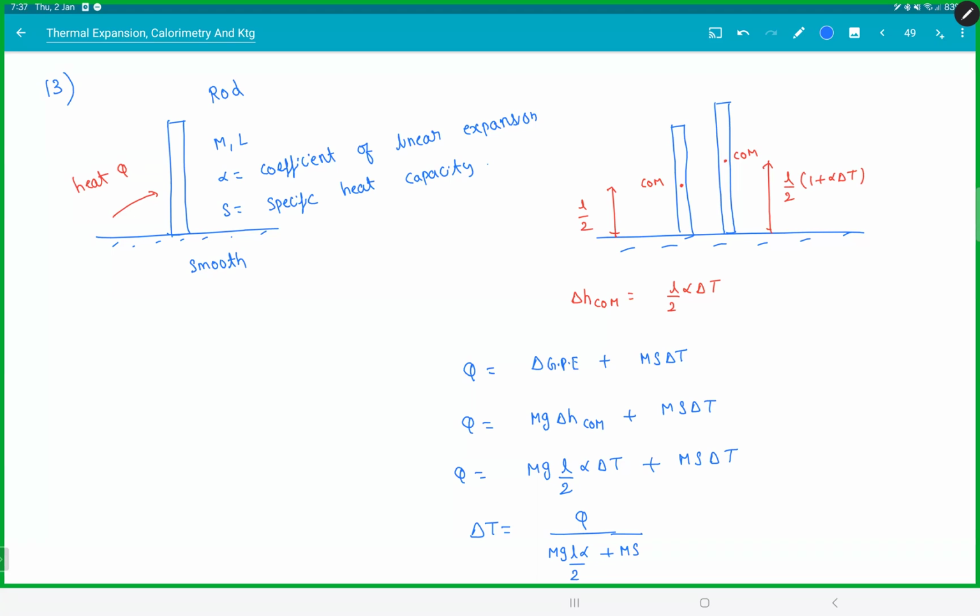Makes sense. If it's a simple question at mains level, I'll ask you like this. I have a rod like this, a horizontal rod and a vertical rod. Exactly, both are identical, everything is same. If I give same heat, who will have more temperature, the horizontal rod or the vertical rod? That would be a proper mains theoretical question. A rod is placed horizontally, a rod is placed vertically. If I give same heat, who will have more temperature?